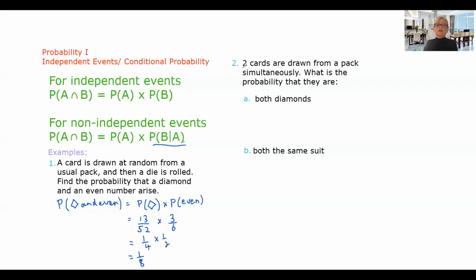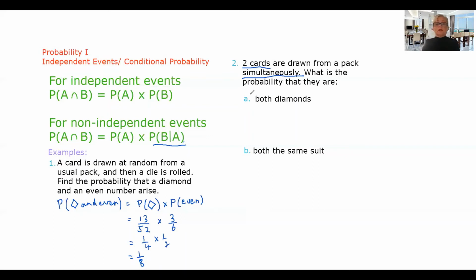Now, if we're drawing 2 cards simultaneously, then what the first card is, okay, it's kind of like drawing without replacement, will affect the second card's chances. So here we do need to think about conditional probability.